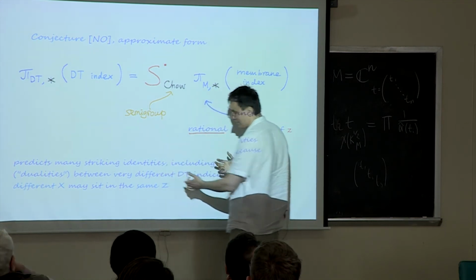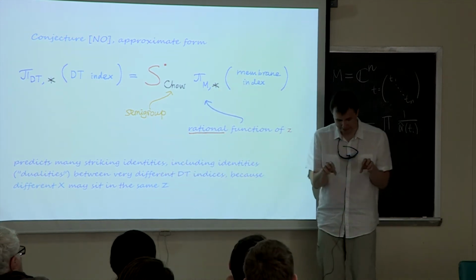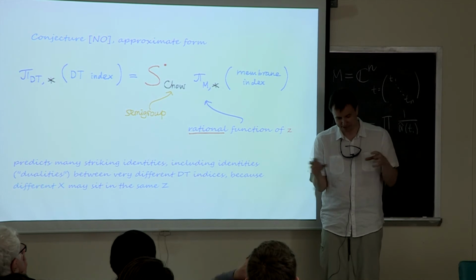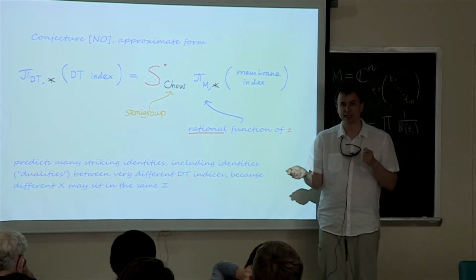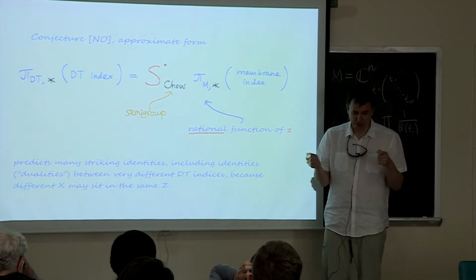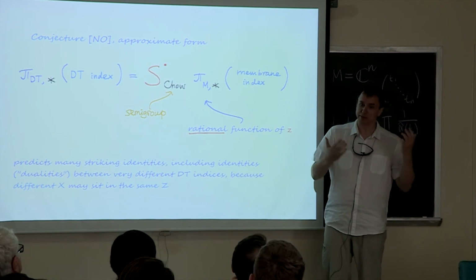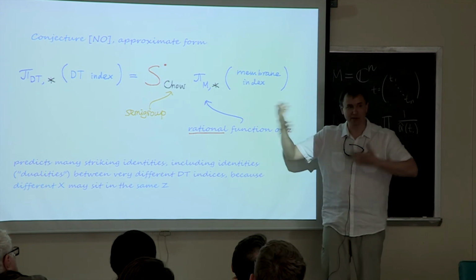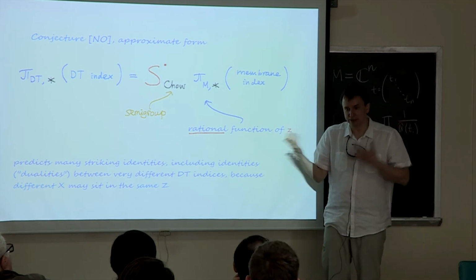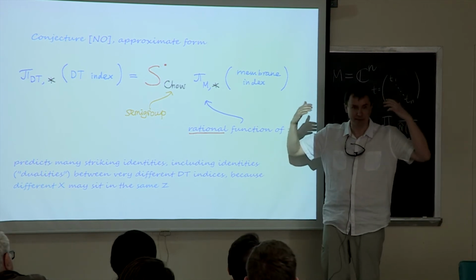But more importantly, this also predicts certain dualities, as physicists would say, between different DT counts. If the automorphisms of my Z is large, I can embed. There could be many one-parameter subgroups that have different fixed loci inside of the same five-fold.